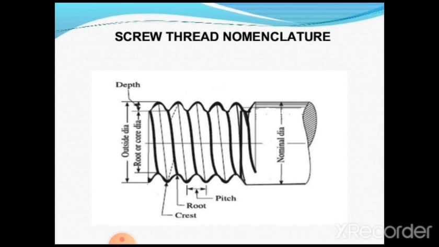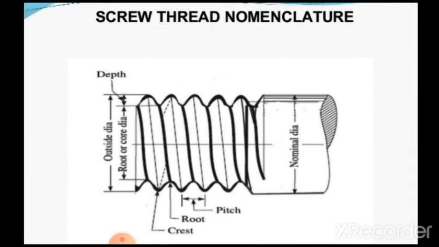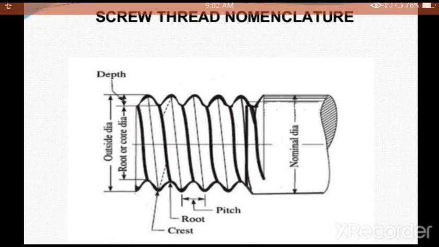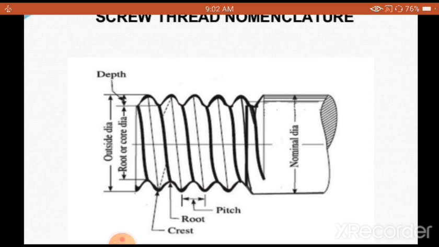The nominal diameter, which you see on the right side here, is considered to be the larger diameter, or we can also call it the major diameter. It is called the major diameter because at the beginning the workpiece surface is like this, we don't have any threads.